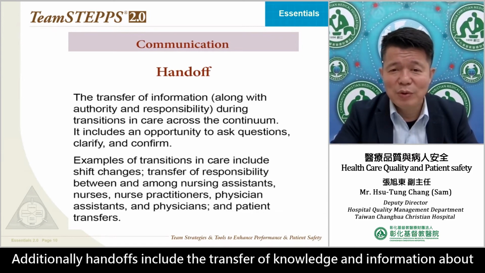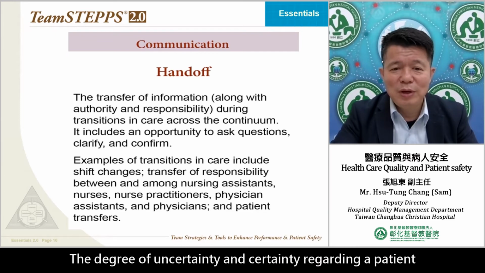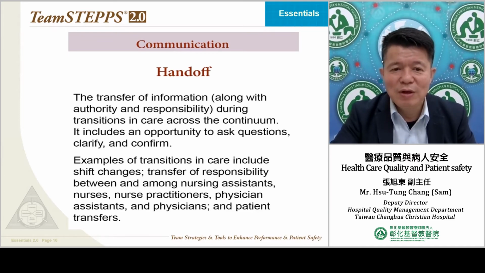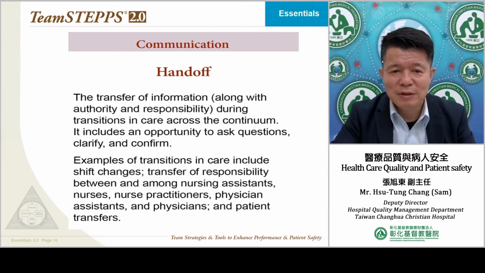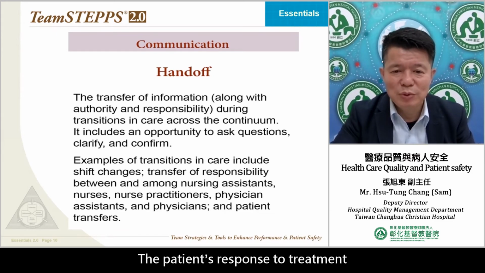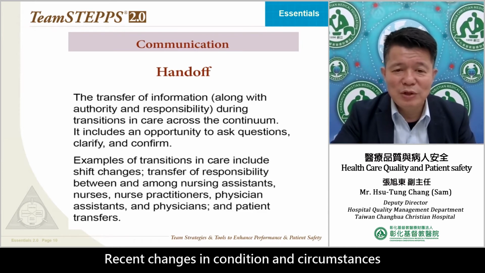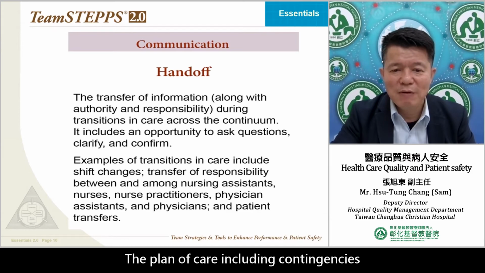Additionally, hangoffs include the transfer of knowledge and information about the degree of uncertainty and certainty regarding the patient. For example, whether the diagnosis has been confirmed, the patient response to treatment, recent changes in condition and circumstances, and a plan of care, including contingencies.